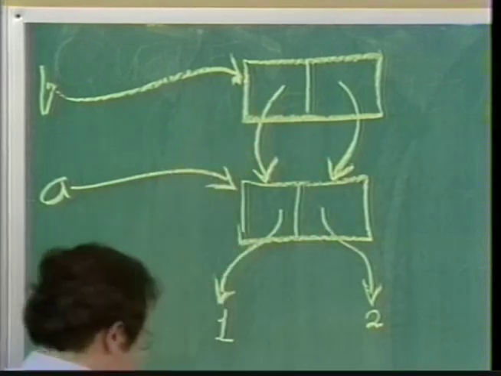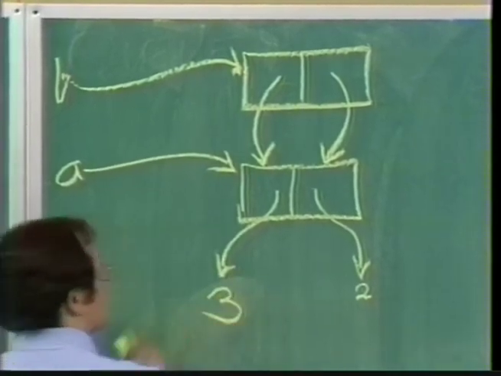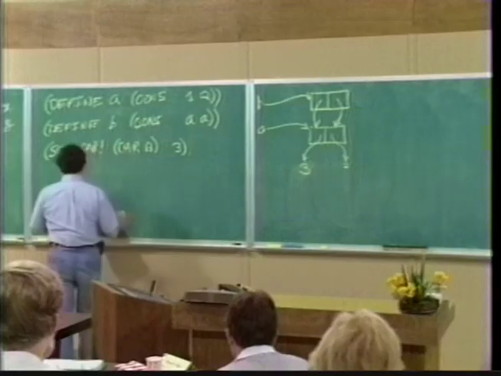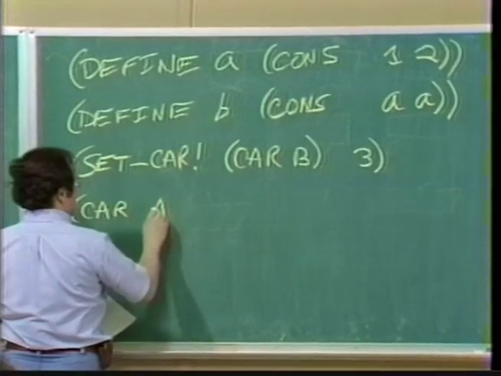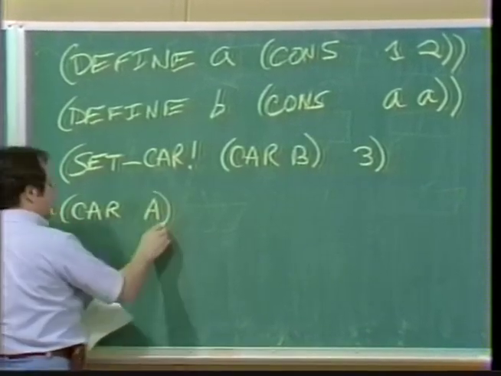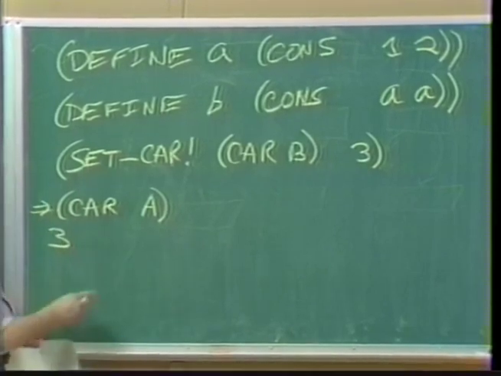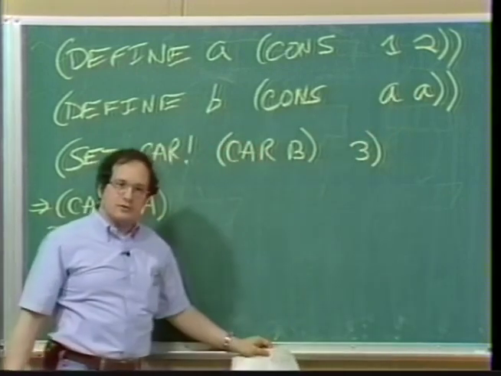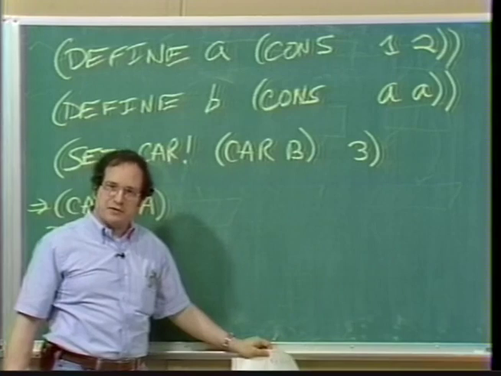I set the car of that to be 3, changing this. I've changed A. If I were to ask, what's the car of A now, I would get out 3. Even though here we see that A was the cons of 1 and 2. I caused A to change by changing B.